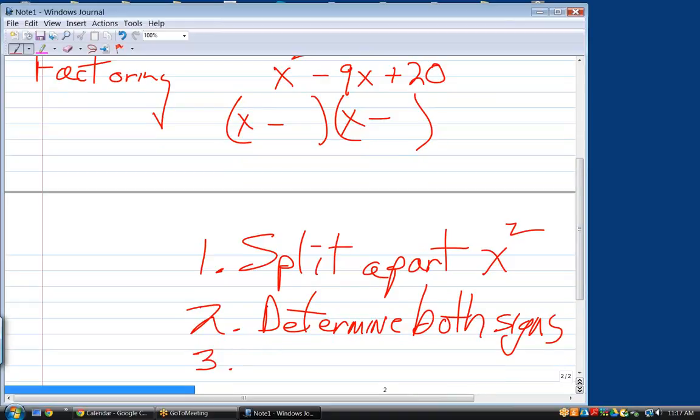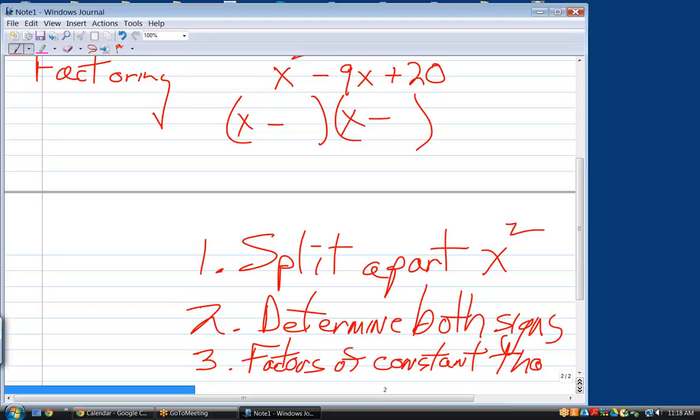Verbalize it. I'll start. Factors of 20 that do what to do what? So factors of the constants that do what?